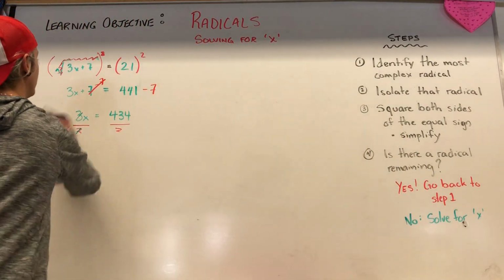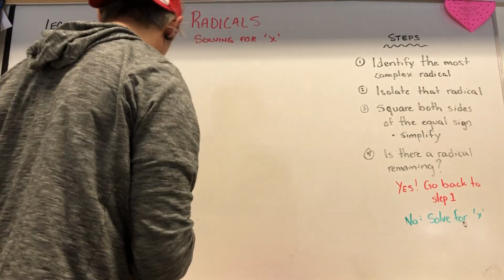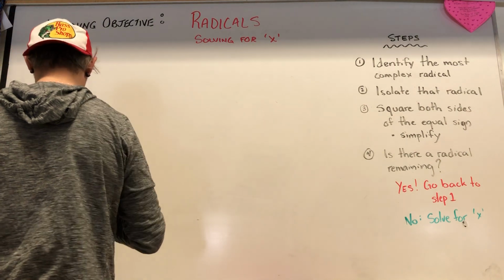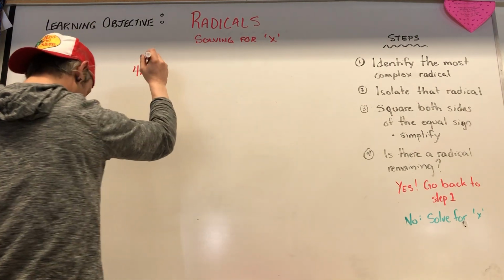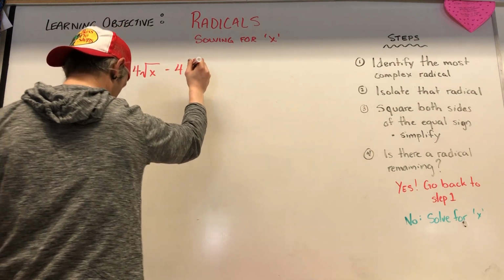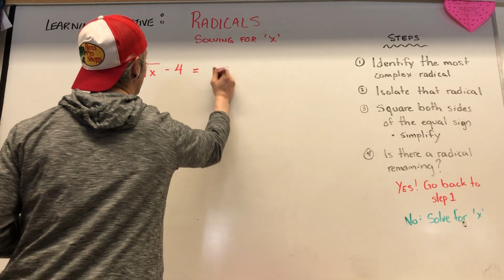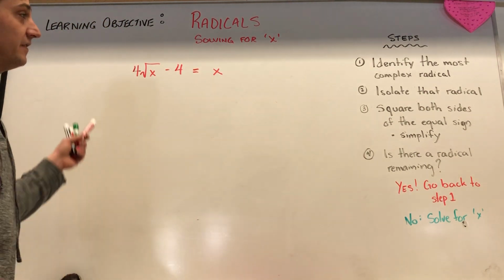So let's do another example here. Let's try this guy right here. So let's do 4 root x minus 4 is equal to x. Okay, again, I identify the most complex radical.